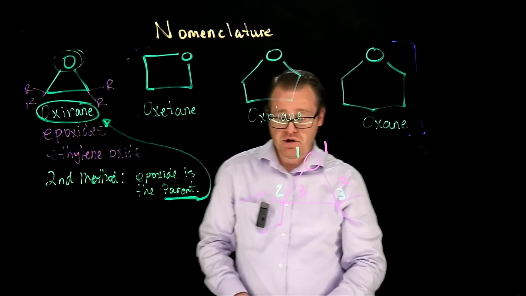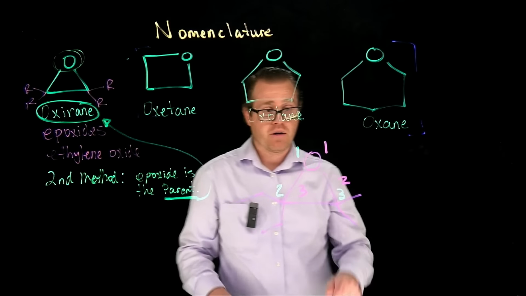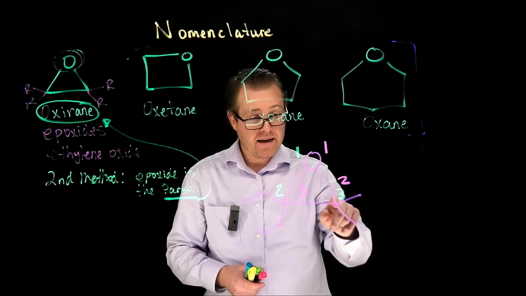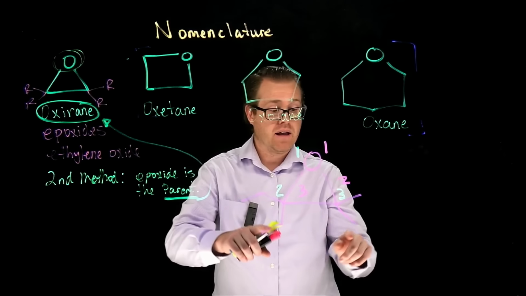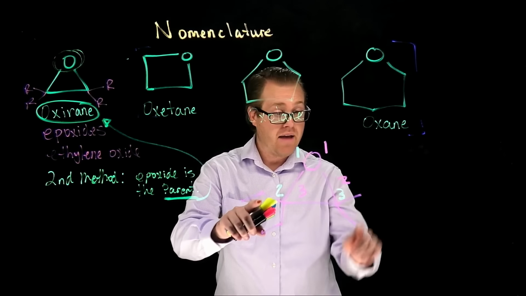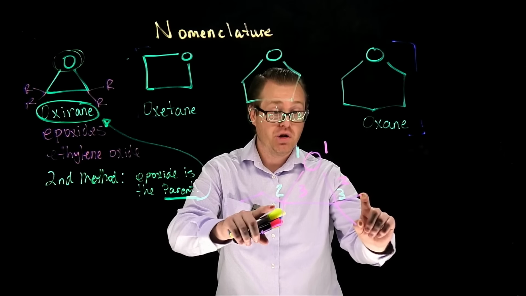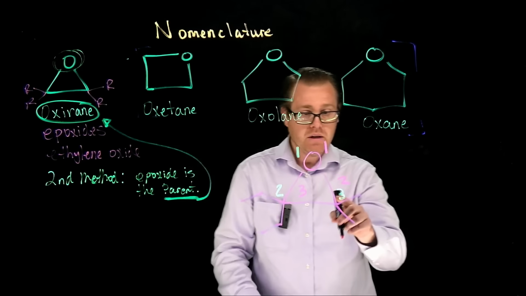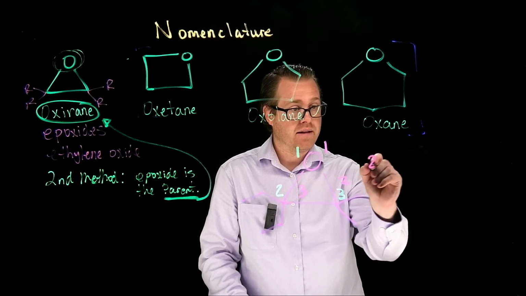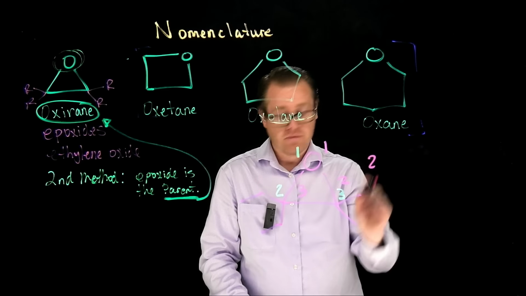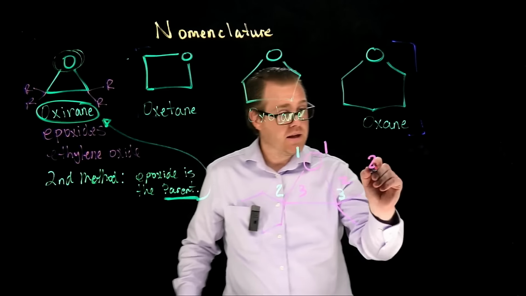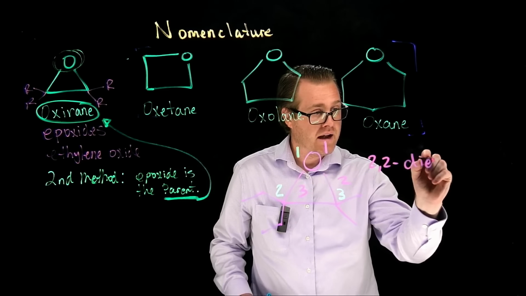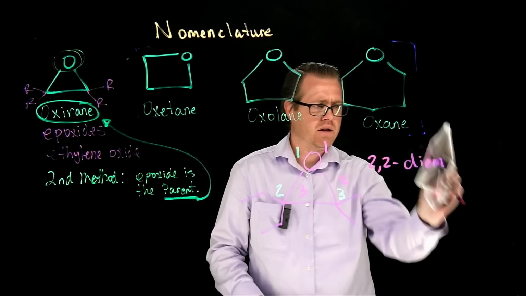And the way that you break this tie is you are treating the epoxide as the parent. And so that means all the substituents, everything else that's attached to the 3-membered ring, are substituents. So at this carbon, I see that there's 2 methyls, right? So that's a 2,2-dimethyl. That's not how we spell it.